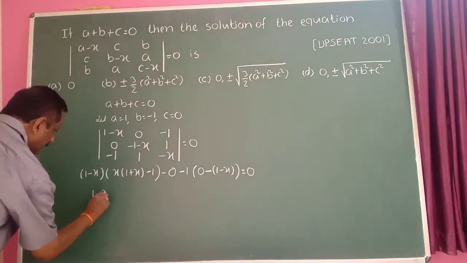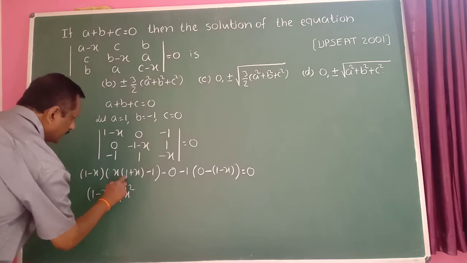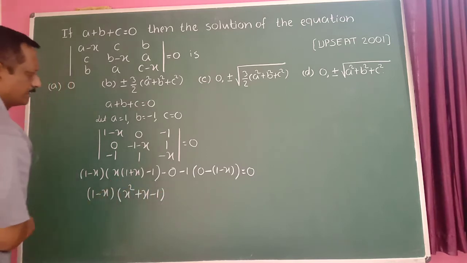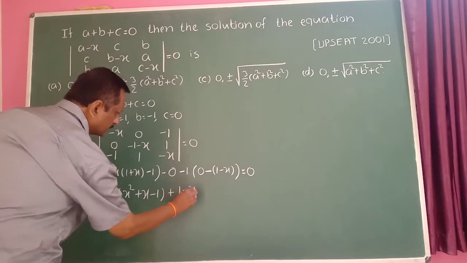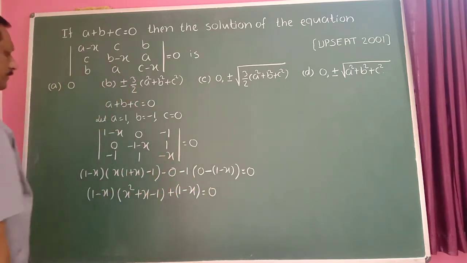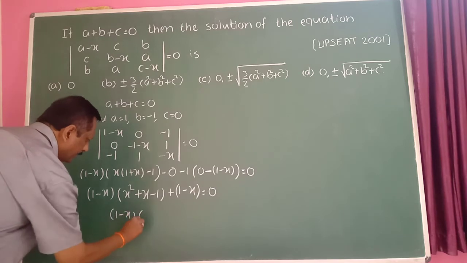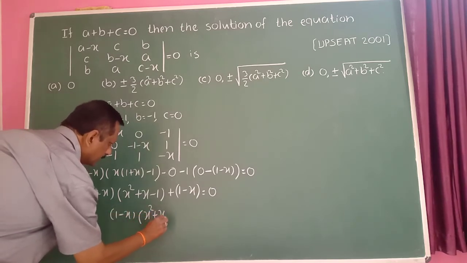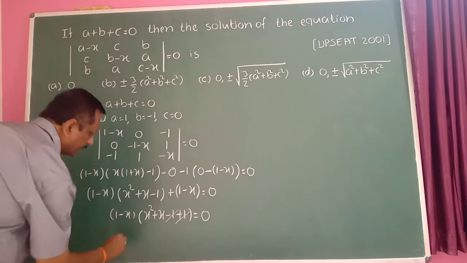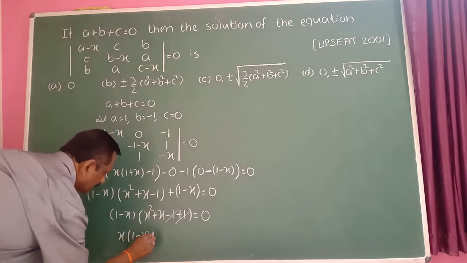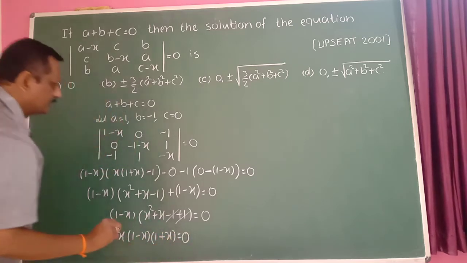Therefore 1 minus x into x becomes x squared, x into 1 becomes x, minus 1, and minus into minus becomes plus, so plus 1 minus x equal to 0. 1 minus x is the common factor, therefore x squared plus x minus 1 plus 1 is equal to 0, minus 1 plus 1 cancels, x is the common factor, so x into 1 minus x into 1 plus x is equal to 0.